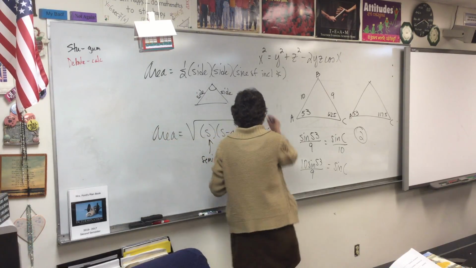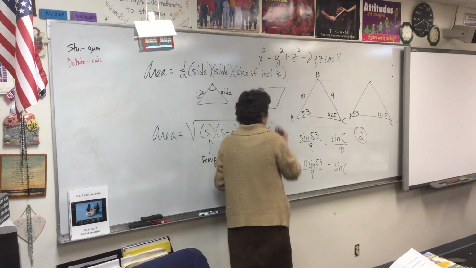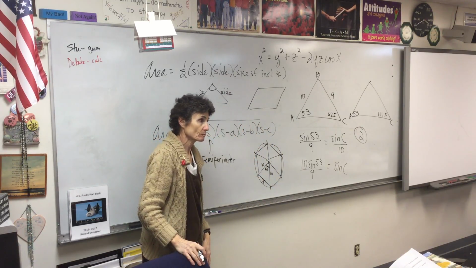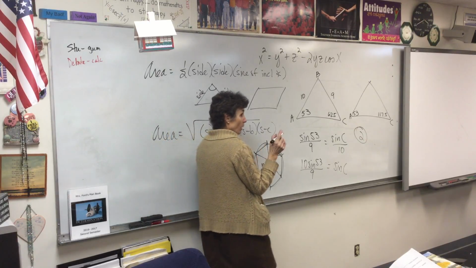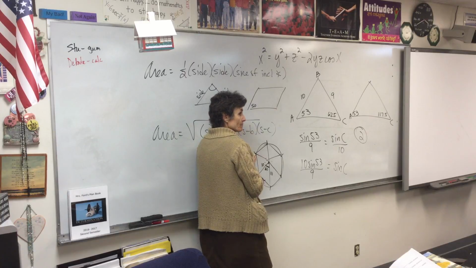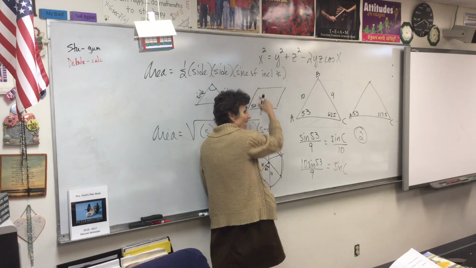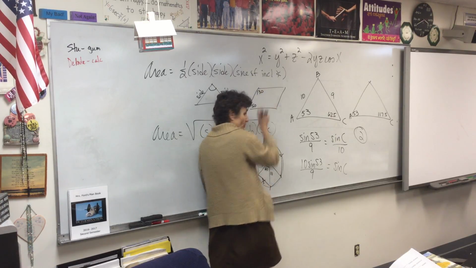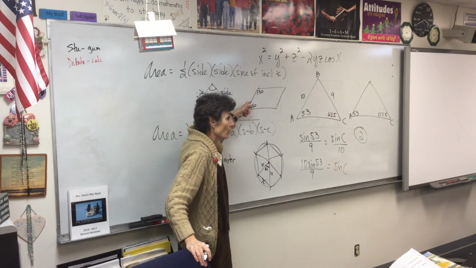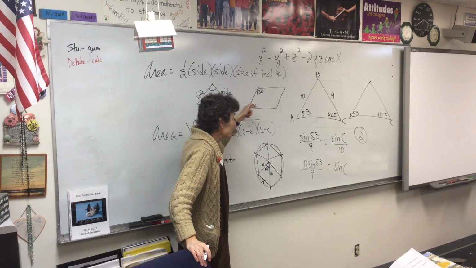There's probably going to be a parallelogram problem on the test. So you remember what a parallelogram looks like? Slanted rectangle. And I'll give you one of the angles, I'm sure. So let's say I said this one was 50. If you need that one, you know it's 130, because these two angles always add up to 180.